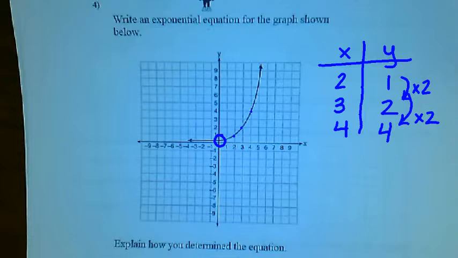Okay, so think back to when we did our linear equations, but remember I told you to find the y-intercept, we're going to extend the graph, okay? So I'm going to extend it upward, so we're going to do (0, 1). So now I'm going to go backwards, so I'm going to divide by 2.